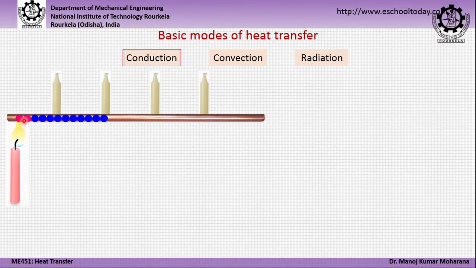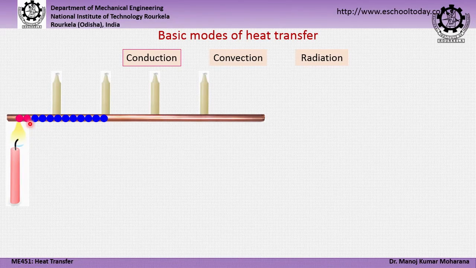In the process the second molecule, that is the molecule to its right side, will also gain some energy and its temperature will increase. Then this will again give some energy to its next neighbor. Like this there will be transfer of energy from the left to right, one molecule to another molecule, increasing their temperatures.